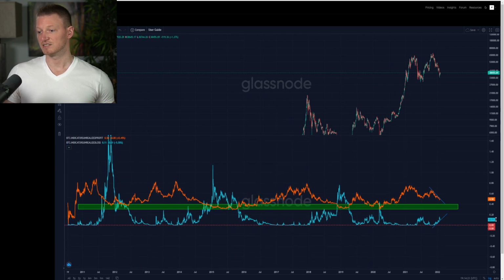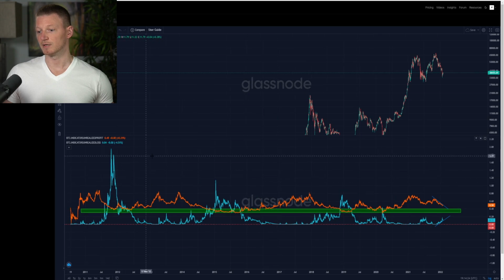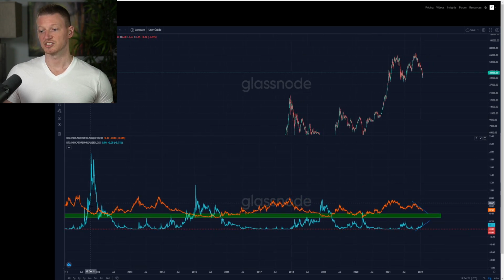The distance by which the relative unrealized loss surpasses the profit has been decreasing over time. This trend I do expect to continue, because we're simply seeing overall less volatility in the market.